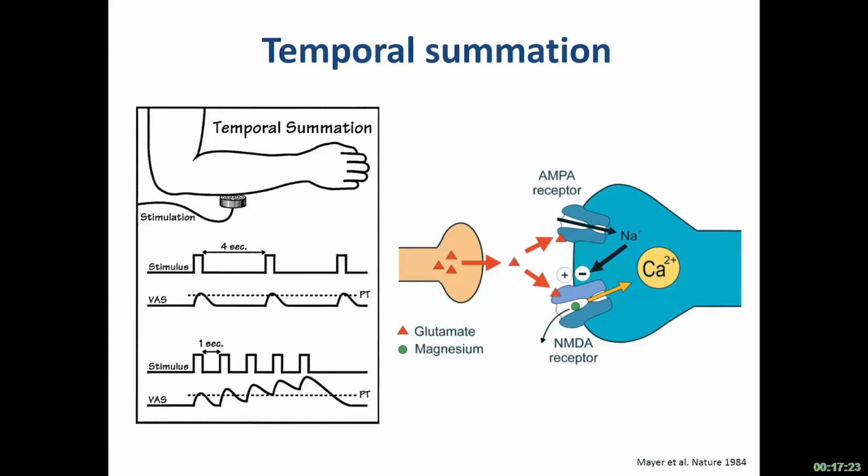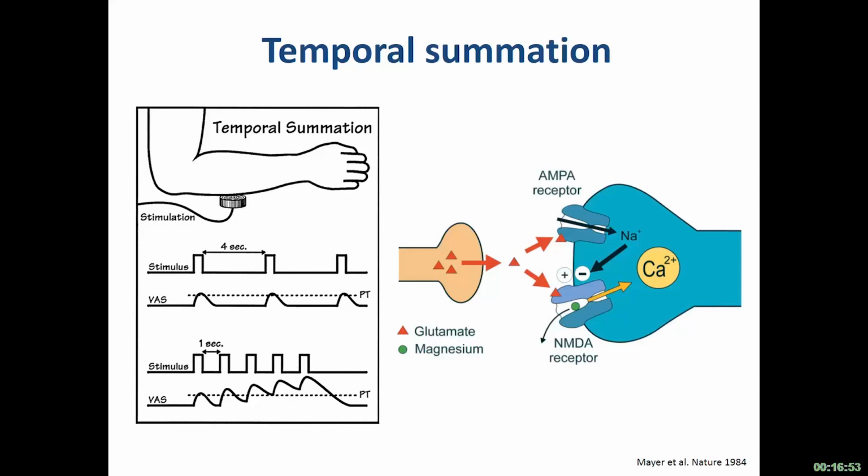This is because this is normally mediated via the AMPA receptor in the synapses, with block of the NMDA receptor. However, if we increase the stimulation frequency, down to 1 second, so we stimulate with a frequency of 1 Hertz, we may see this exaggerated pain response even in healthy controls, meaning that even though we use the same stimulation intensity, when we increase the stimulation frequency, we see that the pain response rises.